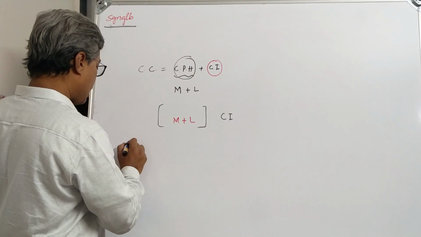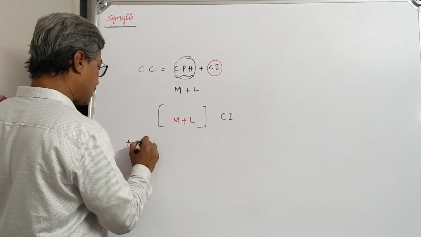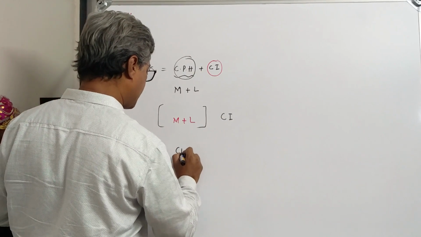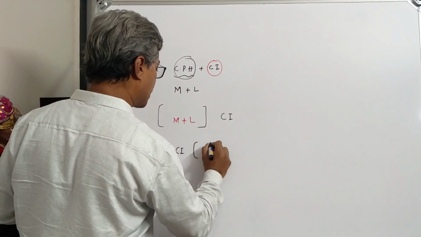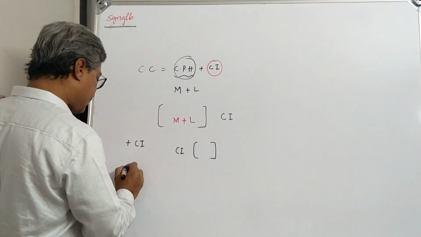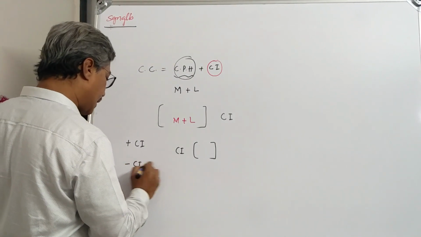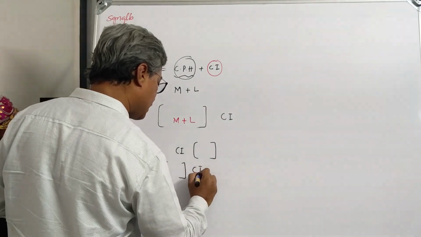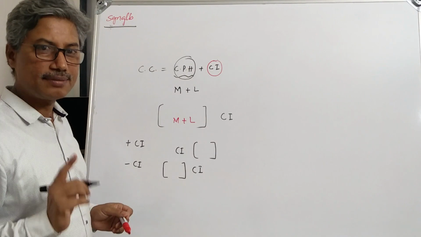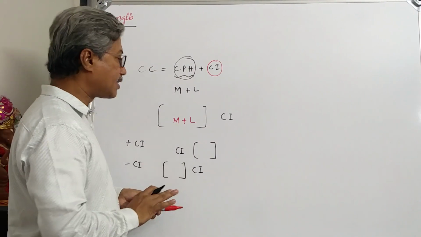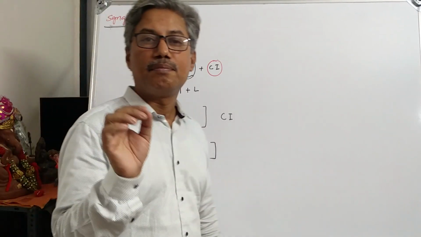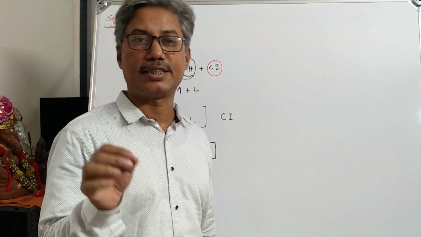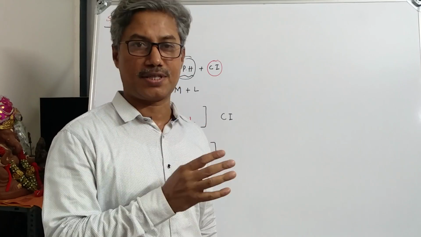Suppose positively charged counter ion is there, then we will have to write counter ion first, then coordination polyhedra. If counter ion is negative, then coordination polyhedra should be written first and counter ion should be written next. Is that clear? It also means that between coordination polyhedra and counter ions, whichever has positive charge should be written first.